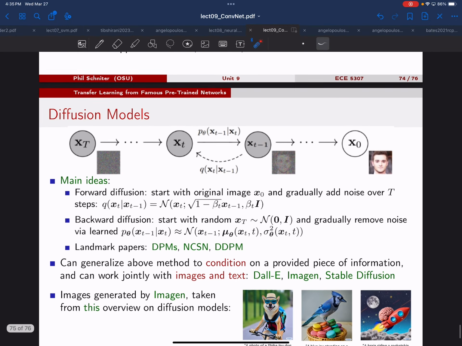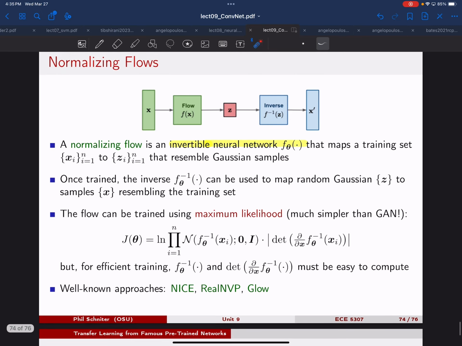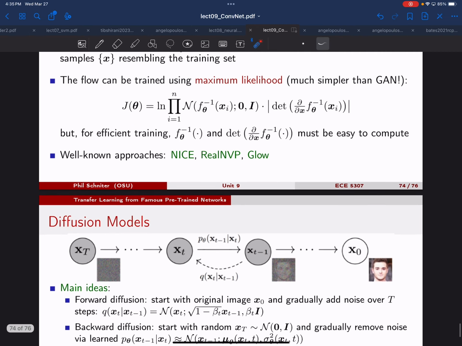What's different about diffusion models is that this is actually done in many small steps. Whereas in the normalizing flow, you could say it's done in one step, there's one neural network that takes you from noise to face.